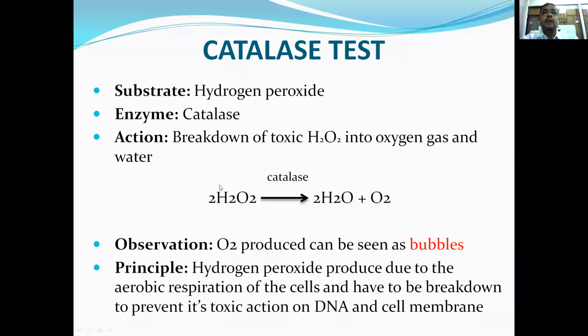If you mix 3% H2O2 with bacteria that contain the catalase enzyme, then catalase acts on the H2O2 and breaks it down into H2O and O2. This O2 is a gas and will produce bubbles. So whenever you observe the result of the catalase test, the ultimate result is bubble formation.